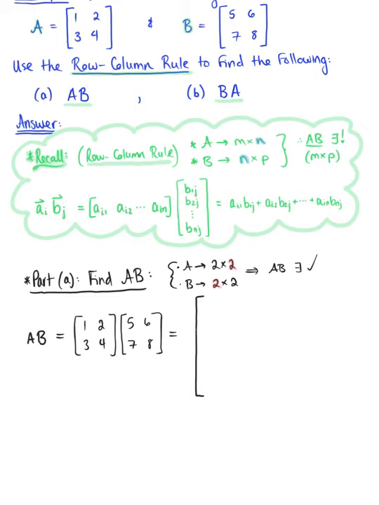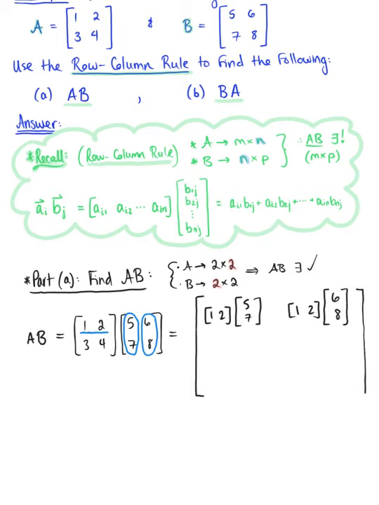So we are taking the first row of matrix A and multiplying it by the first column of matrix B. And then again taking the first row of matrix A and multiplying it by the second column of matrix B. So here we go. We have the first row of matrix A, 1, 2, multiplied by the first column of matrix B, 5, 7. We then again have the first row of matrix A, 1, 2, multiplied by the second column of matrix B, 6, 8.